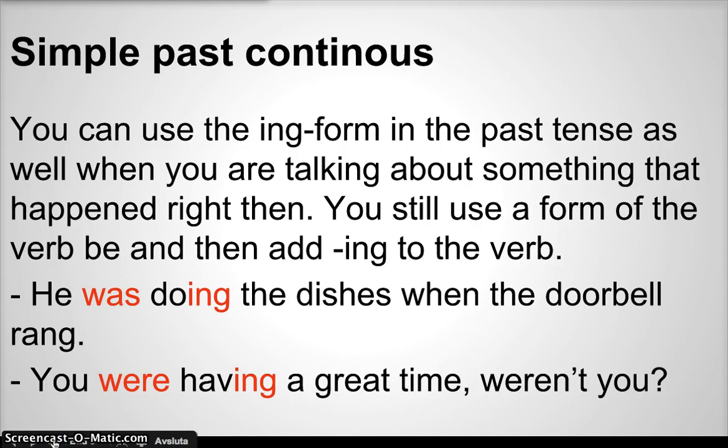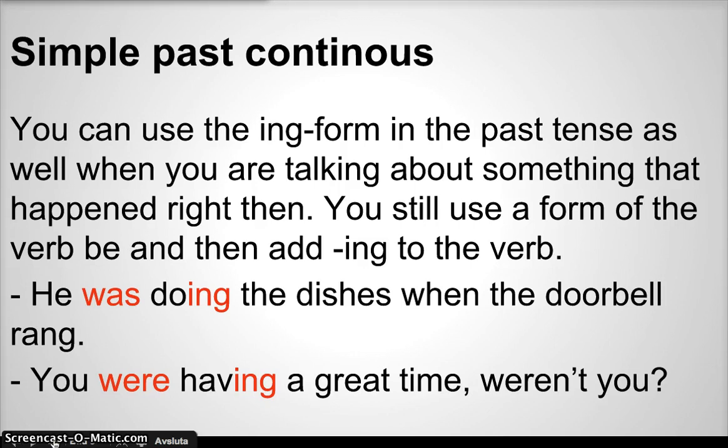We have also the simple past continuous, and this is again the ing form that you can use in the past tense as well when you're talking about something that happened right then. And you still use a form of the verb to be, and then you add ing to the verb.